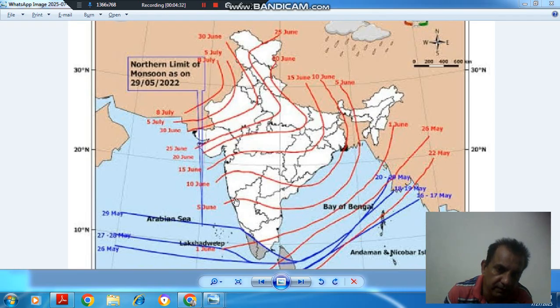This is your Western Ghat, and most of the rain initially falls here, so this is your windward side, and some of the rain is also felt on the leeward side. This is your Deccan plateau, and some rain also falls here, but maximum rain takes place here, in the northeast part.